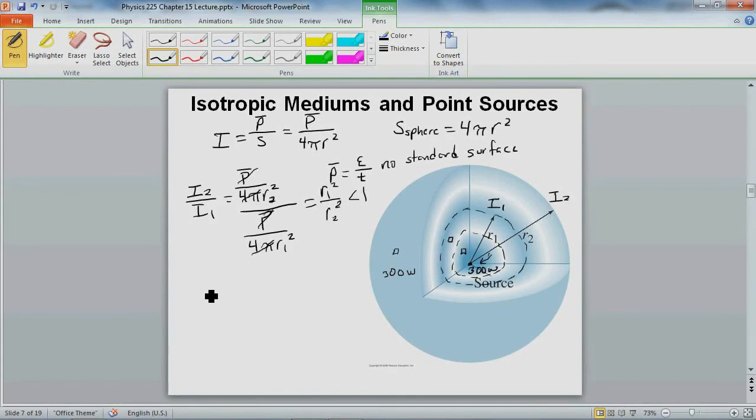Now, the amplitude A2 over A1, I'm sorry, this is amplitude.